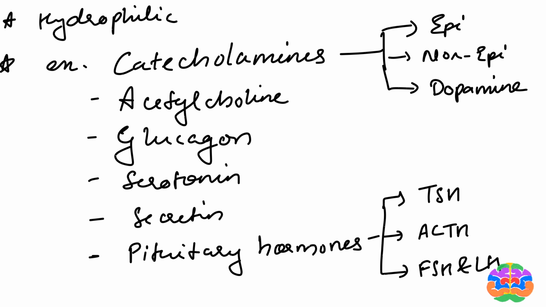A few examples include the catecholamine receptors, which include the epinephrine, norepinephrine, and dopamine receptors, the acetylcholine receptors, glucagon, serotonin, secretin, and pituitary hormone receptors such as TSH, ACTH, FSH, and LH.